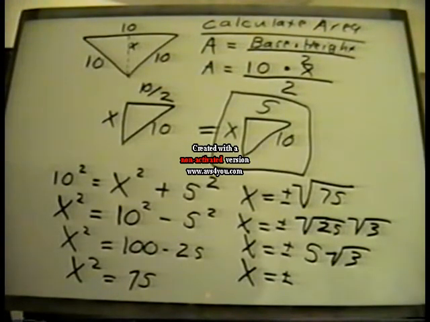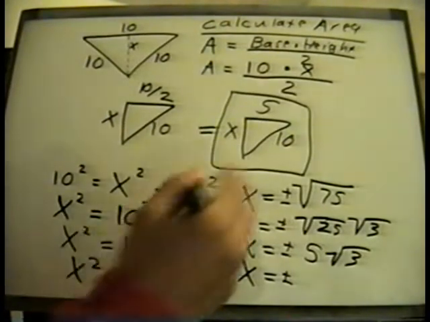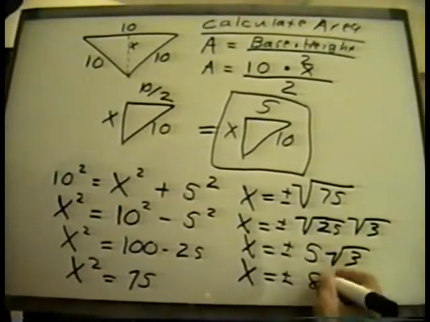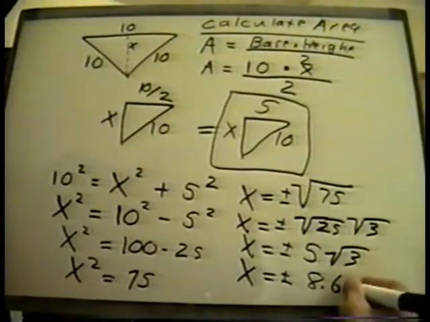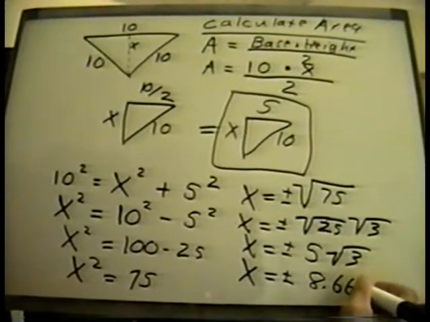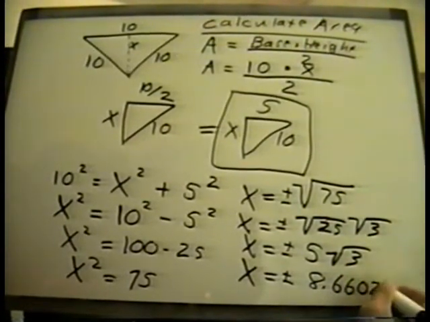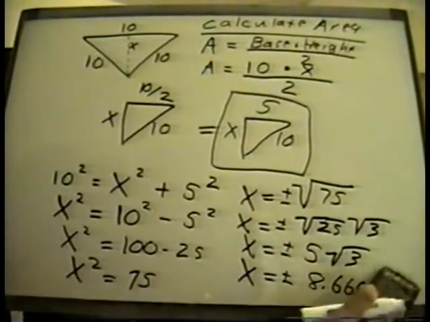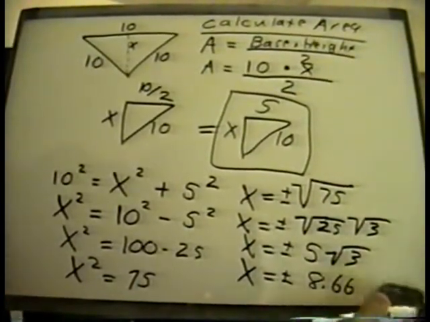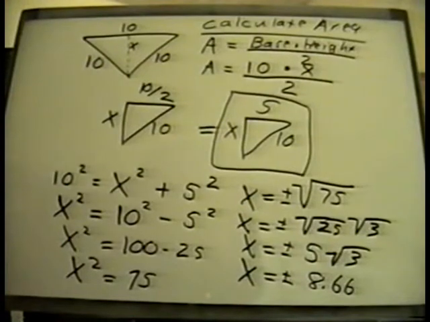And of course we're going to use a positive value because it can't be negative. Now we're calculating 5 square roots of 3. Okay, we get 8.6602, but you can say 8.66.